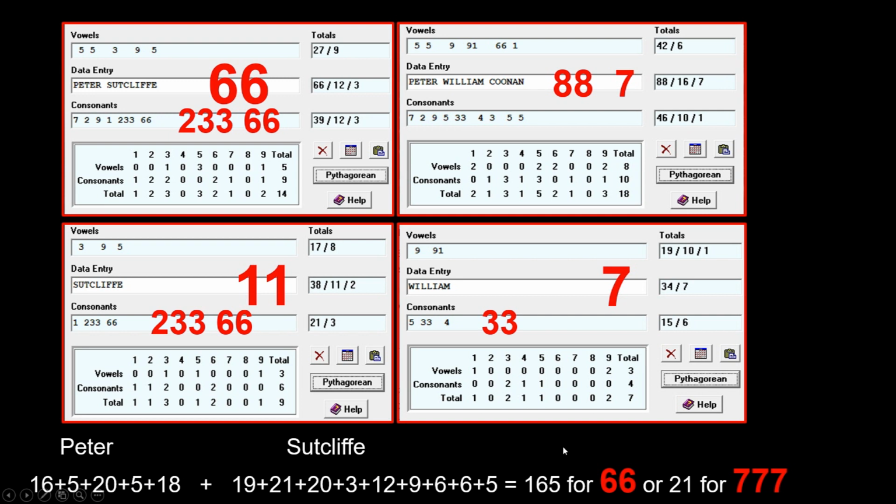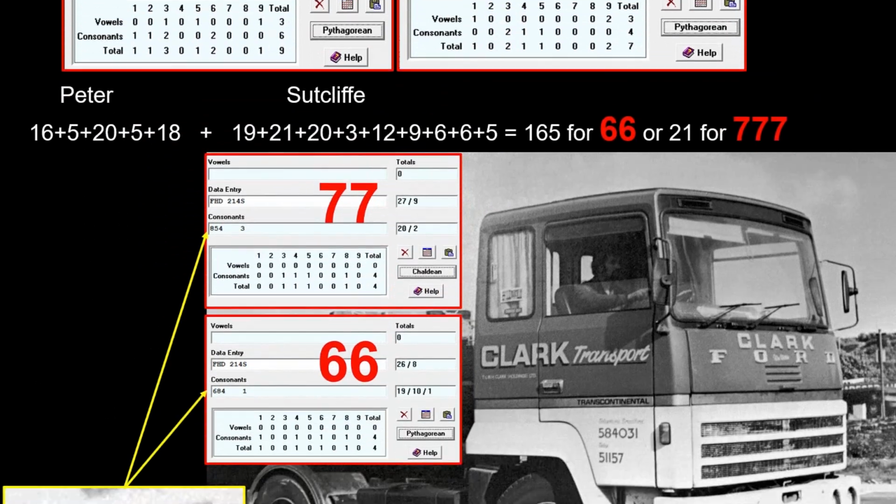So you could say that actually adds up to 12, which can be 21 for 777, or you could put the 1 and the 5 together and the 6 and make it a 66. But I think it's more 777 in this case.